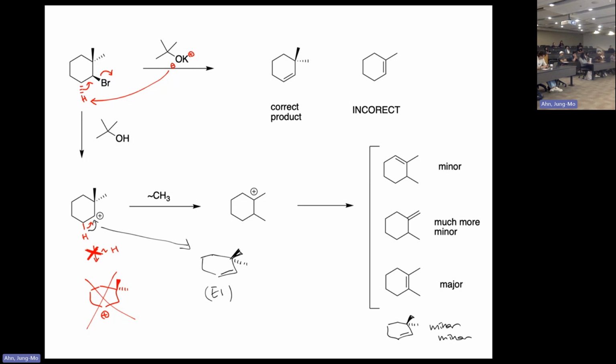That is potentially another product in the final solution. But this is the major intermediate, and we're expecting these to be the major products, and that one will be the minor.